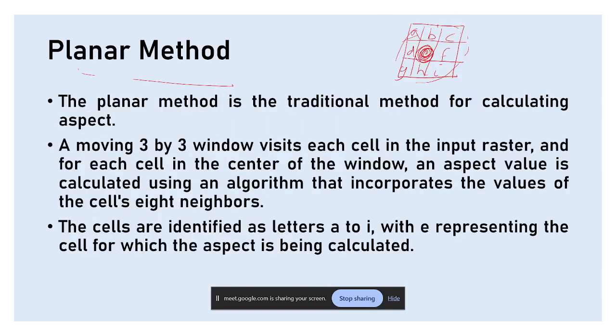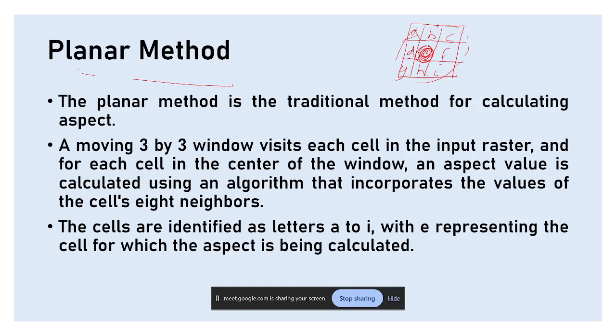Yeah, okay, sure. So I'll tell you basically what we are doing in the planar method. We have this 3 by 3 window, right? In the 3 by 3 window, we have 9 cells completely, but we are actually calculating the aspect for the center cell, which is E, because that is how we are naming it. Now what we do is calculate the aspect.